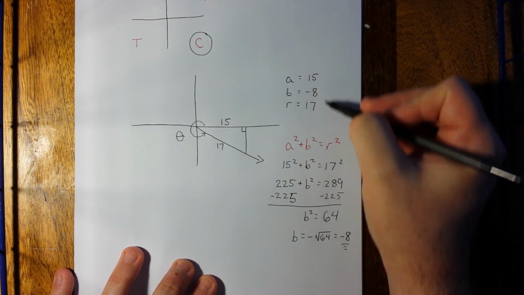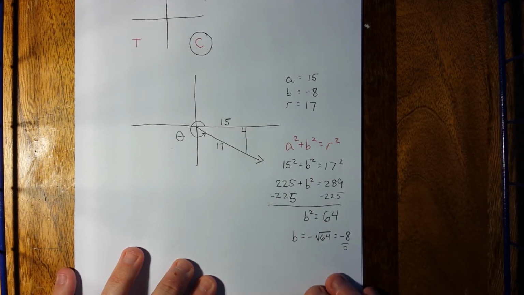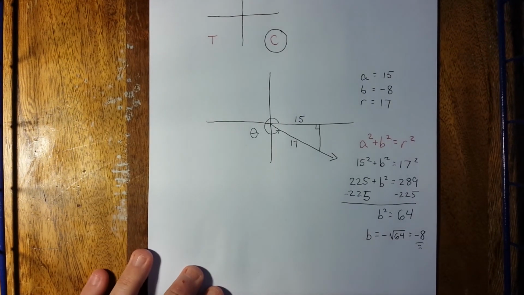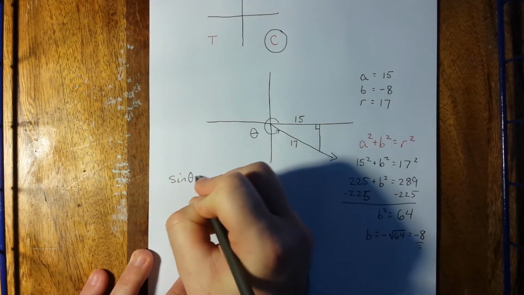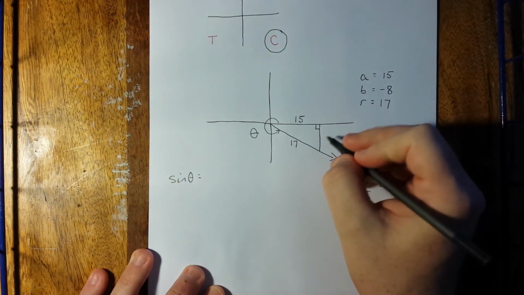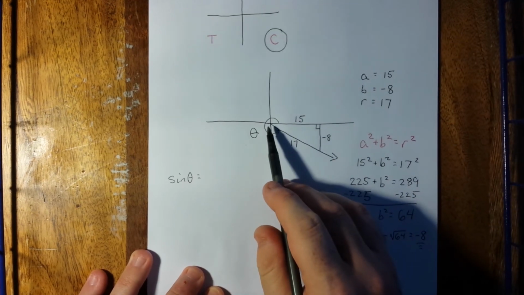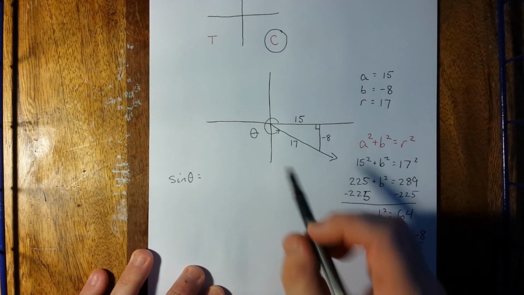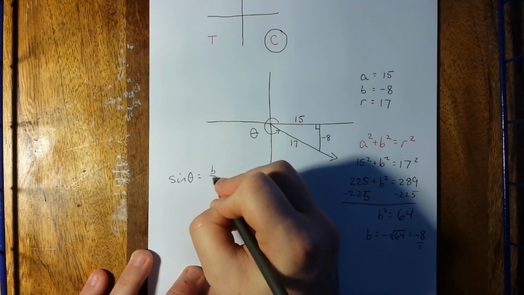Once you know a, b, and r for any angle, you officially know everything there is to know about that angle. So, that said, let's copy down our 6 trigonometric ratios. Sine of theta. We know from SOHCAHTOA up top that sine is opposite over hypotenuse, or in the parlance of what we're doing here, that's b over r.